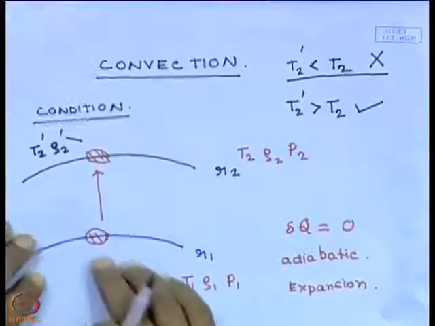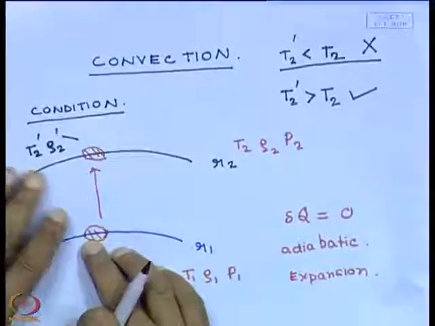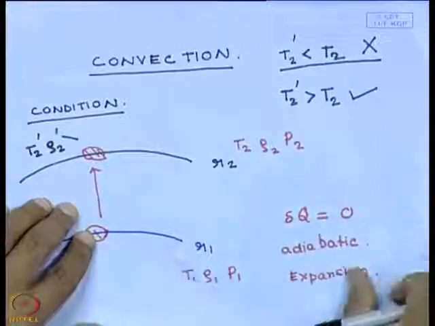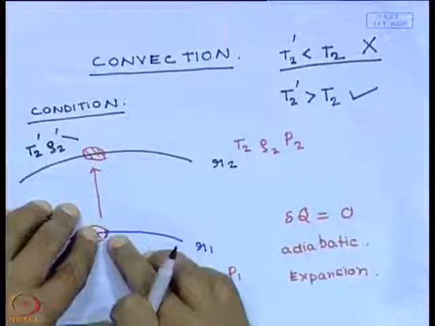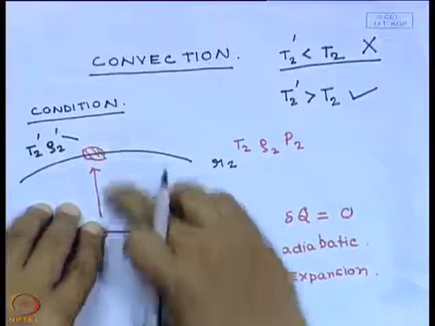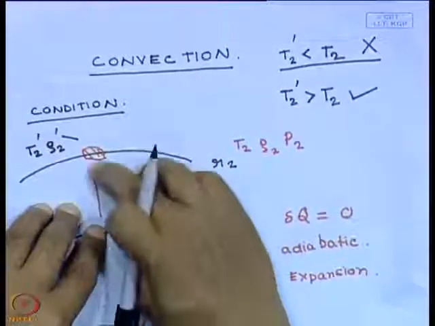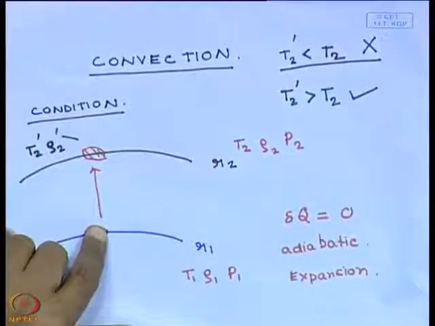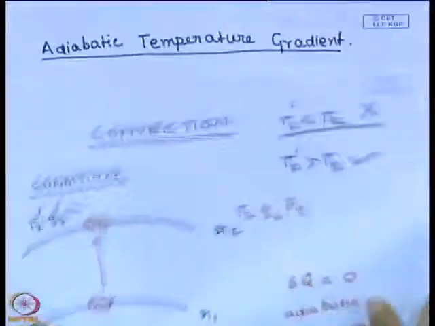So let us again consider this. This is the bubble that we are dealing with, and we would like to calculate what happens to the temperature of this bubble if we move this up some distance delta r. That is the question that we are looking at.